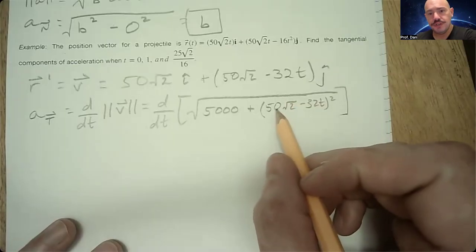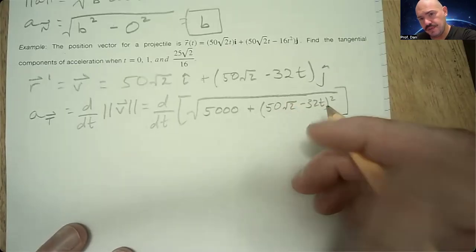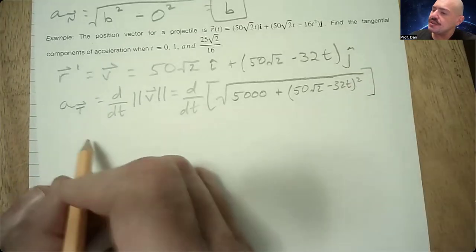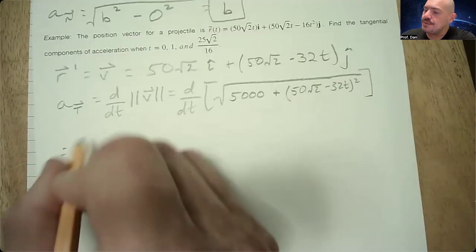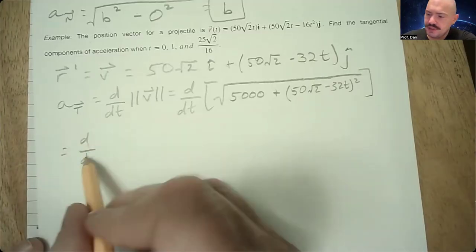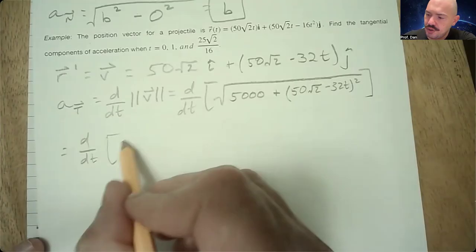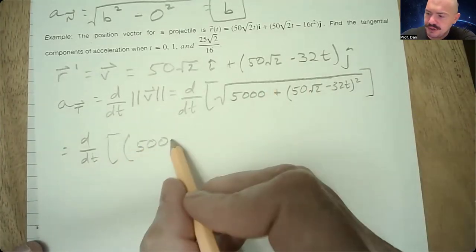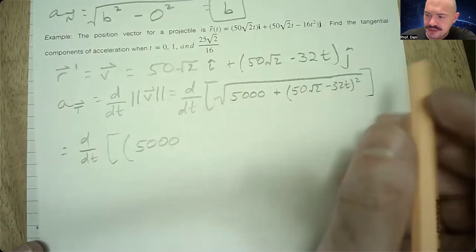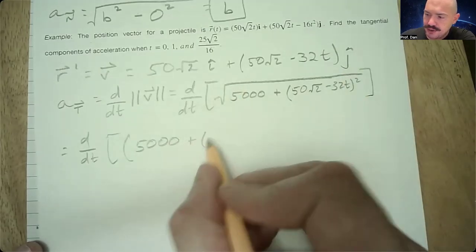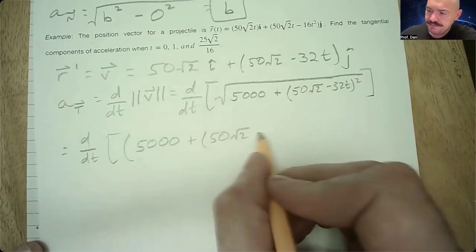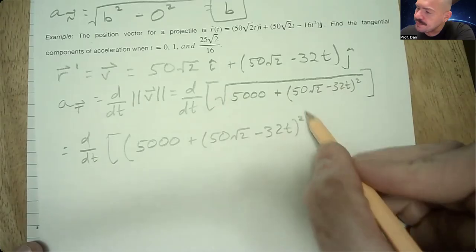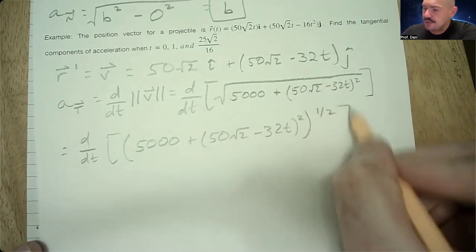And you are more than welcome to distribute if you can do all that multiplication in your brain space. But before I take the derivative, I'm going to write this in a way that is convenient for differentiation. Remember earlier we said that means writing roots as powers. So this is all to the 1/2.